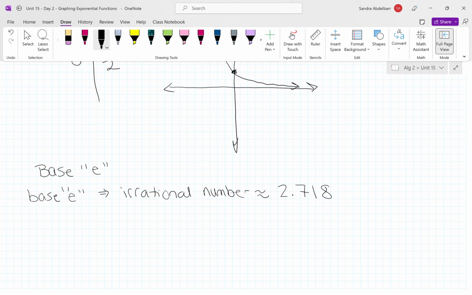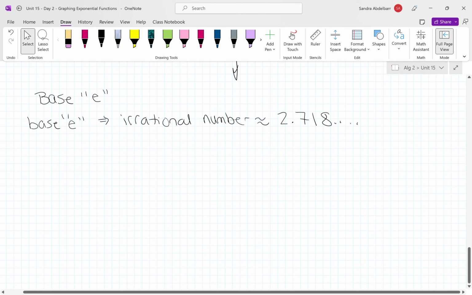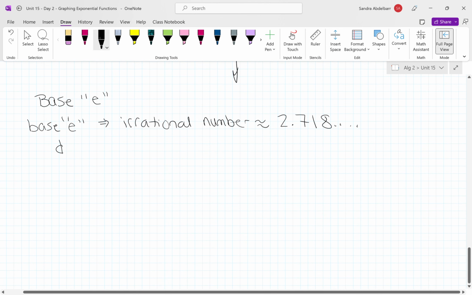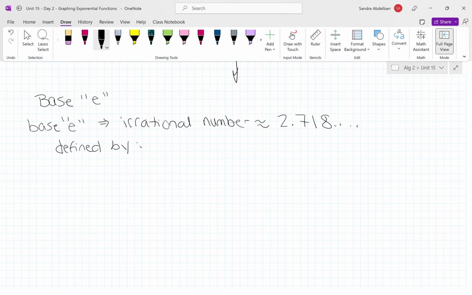And it goes on. It's irrational, so it keeps going on forever. But we're estimating it to 2.718. Now this is defined by the limit as n approaches infinity of (1 plus 1 over n) raised to the n power.